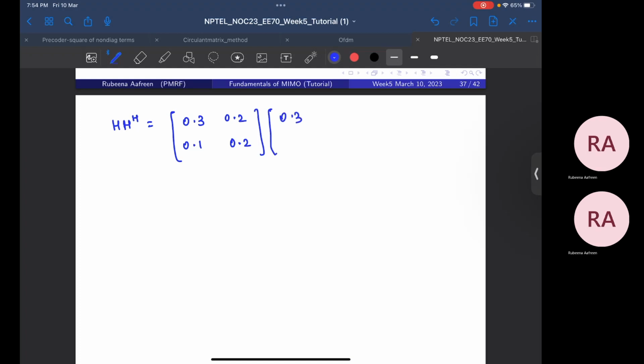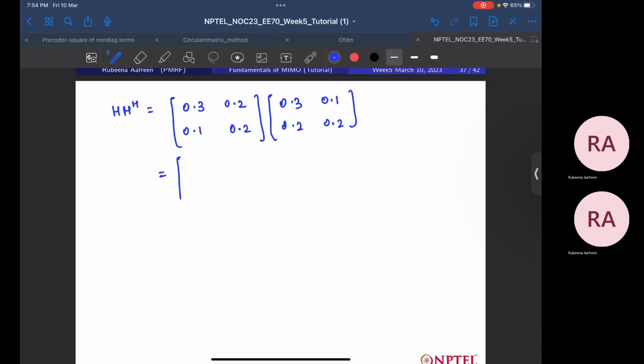And then Hermitian of this one. So this will come as 0 0.13, 0 0.07, 0 0.07, 0 0.05. Okay. Now you see, the trace of this matrix would be the sum of eigenvalues, right?